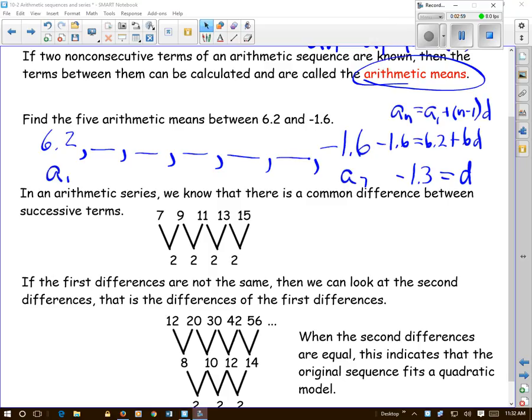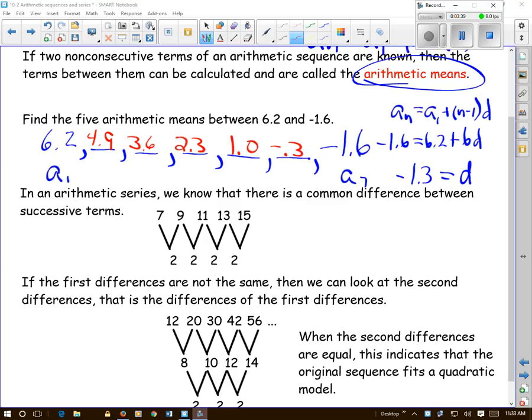Now we can come back and start filling in the values here. 6.2 plus negative 1.3 would be 4.9, then 3.6, 2.3, 1, and negative 0.3.